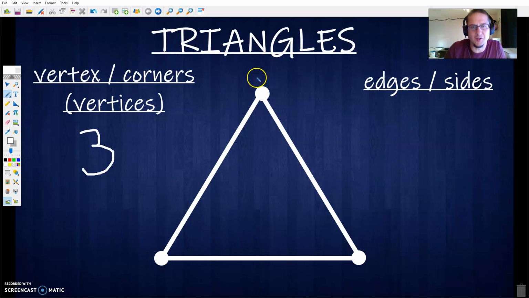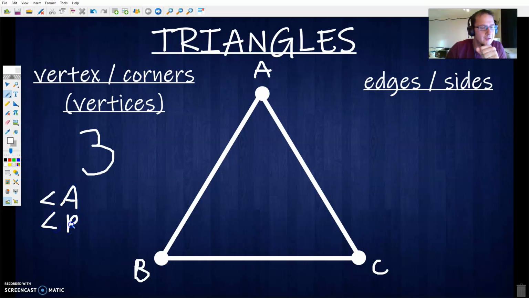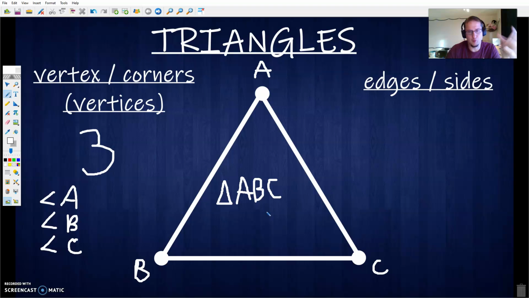So we might say that this is triangle ABC, meaning that one of these is an A, one of them is a B, and one of them is a C. So we would have corner A, corner B, and corner C. All together, they make triangle ABC. Okay, so we've got three corners that make up this triangle.